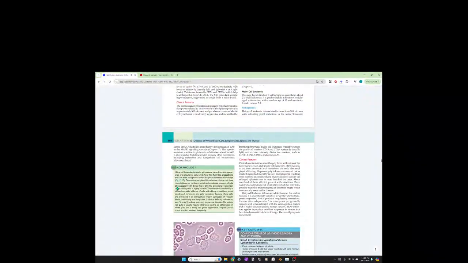It is predominantly a disease of middle-aged white males with a median age of 55 and a male-to-female ratio of 5:1. Pathogenesis. Hairy cell leukemia is associated in more than 90% of cases with activating point mutations in the serine/threonine kinase BRAF, which lies immediately downstream of RAS in the MAP signaling cascade.